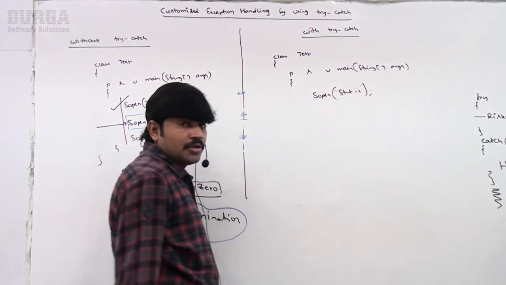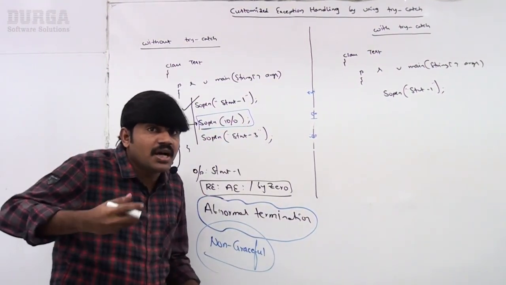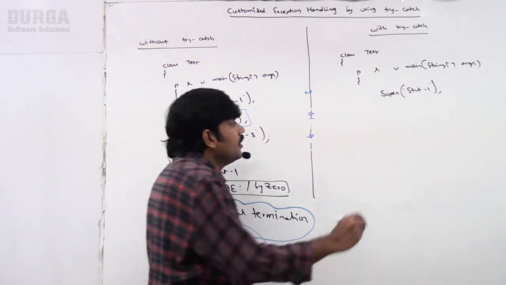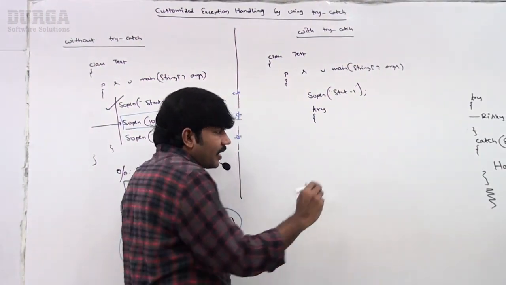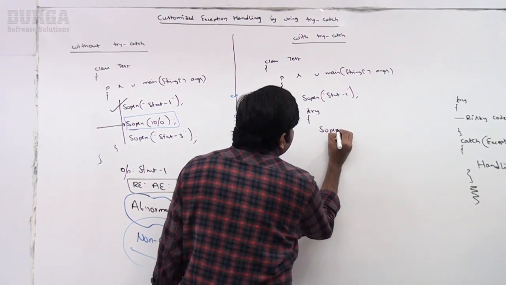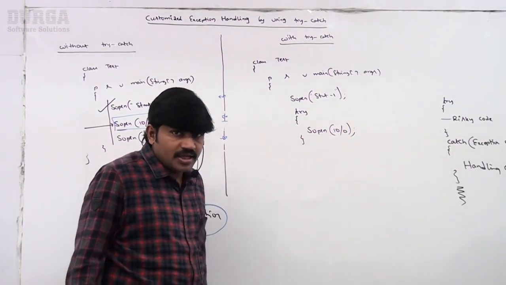But SOP 10/0 is the risky code. There may be a chance to raise an arithmetic exception. That's why here I'm taking a try block, and inside the try block I'm taking the risky code: System.out.println(10/0).